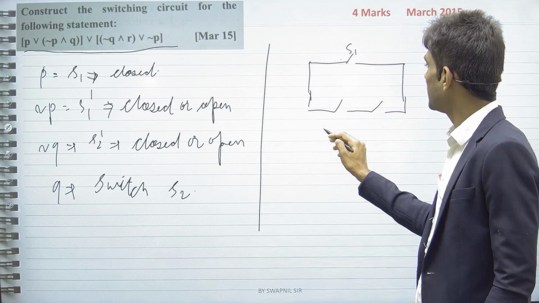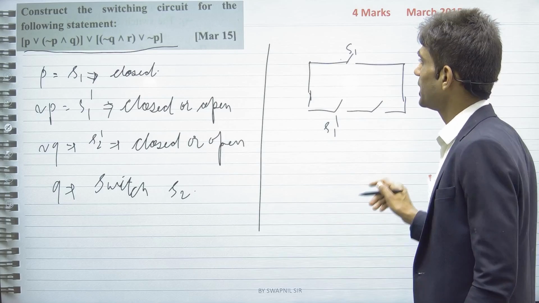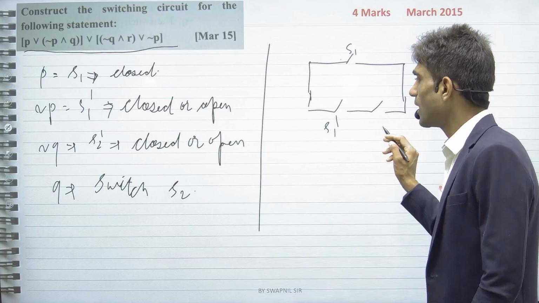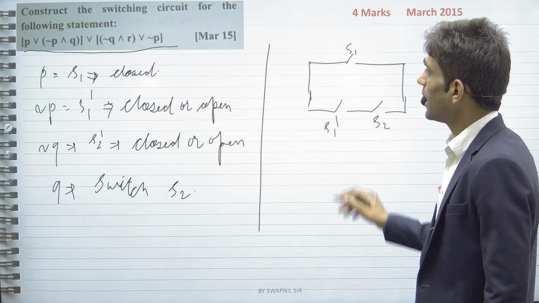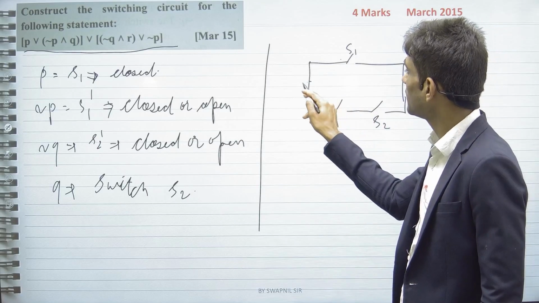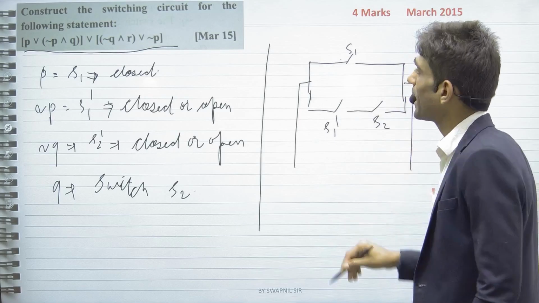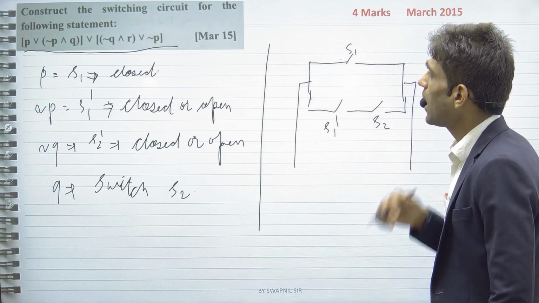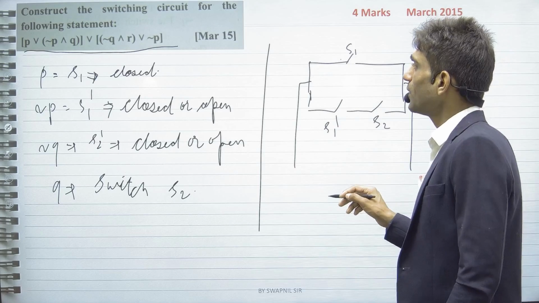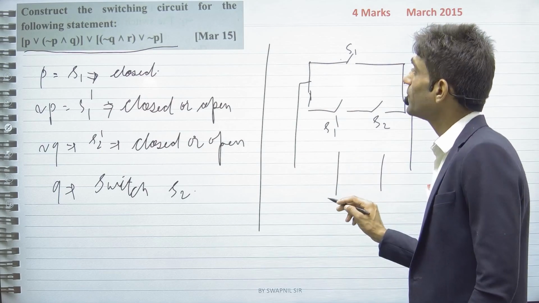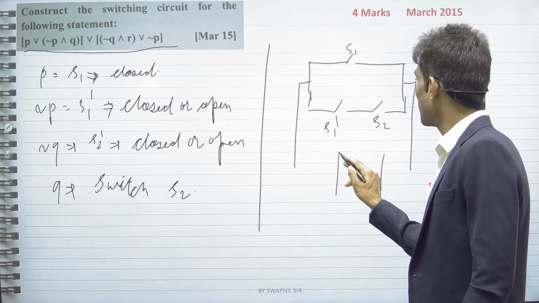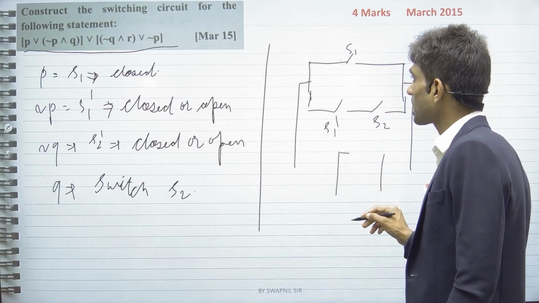Negation of P represents S1 dash, switch S1 dash, and Q represents, sorry, Q represents S2. Yes, and between them we have OR connection, so it goes to the down as a parallel connection. Again we have negation of Q and R, okay, or negation of P, okay. Again we have one circuit here which gives negation of Q or R, okay.